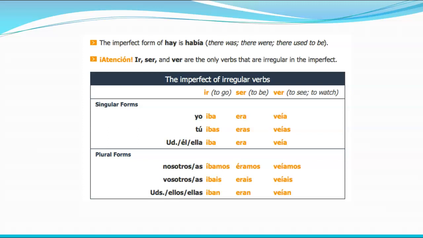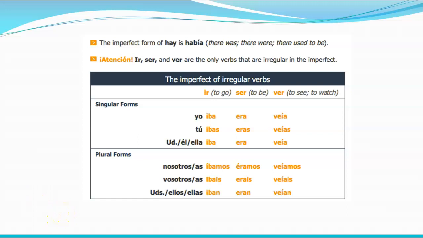Ser is era, eras, era, éramos, eran. And ver is veía, veías, veía, veíamos, veían. Okay. So those are the only three that are irregular in the imperfect. So it makes it really nice as compared to the preterite.